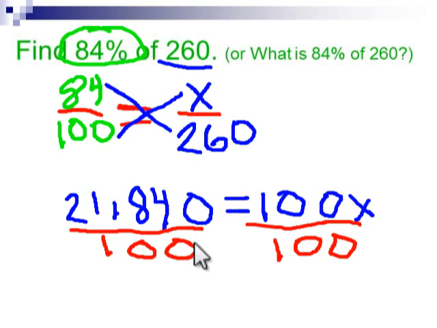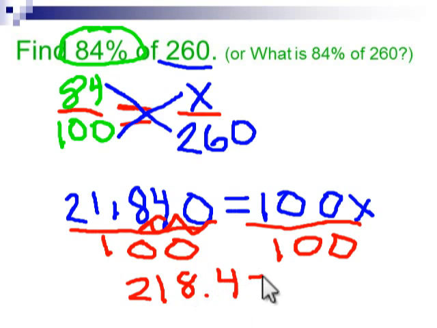And when I divide by 100, really all I need to do is take that invisible decimal point at the end of that whole number, 21,840, and move that decimal point 2 places to the left. If I move the decimal point 2 places to the left, I get 218.4. And that's what my x is.